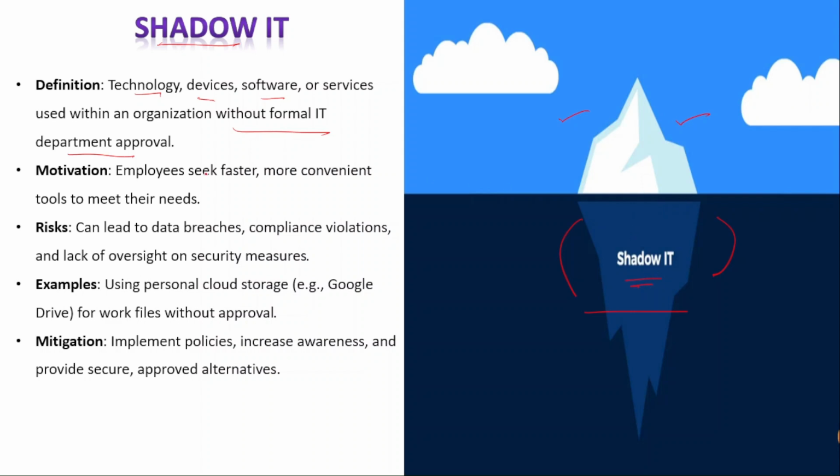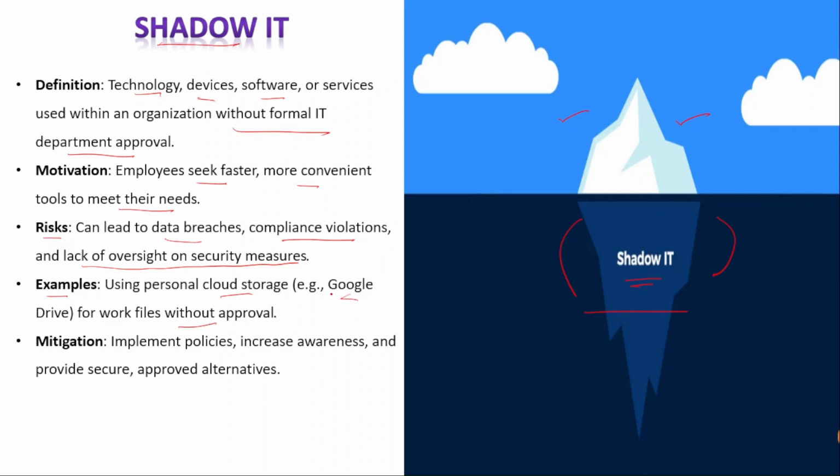So what are their threats? The motivation for employees using shadow IT is to seek faster, more convenient tools to meet their needs. And the risk with shadow IT is that it can lead to data breaches, compliance violations, and lack of oversight on security measures. Examples include using personal cloud storage such as Google Drive for work files without approval.